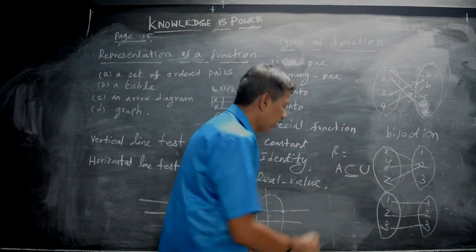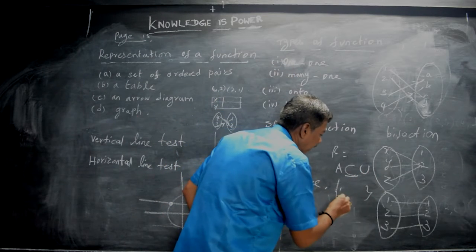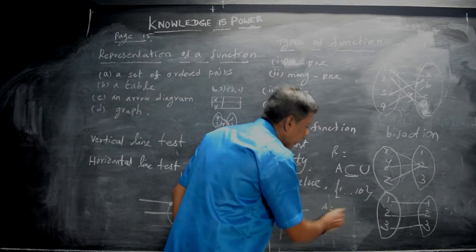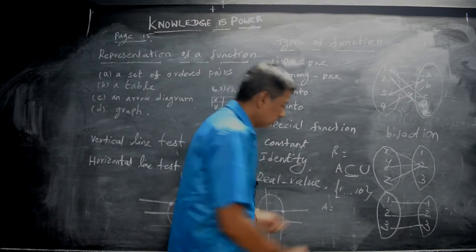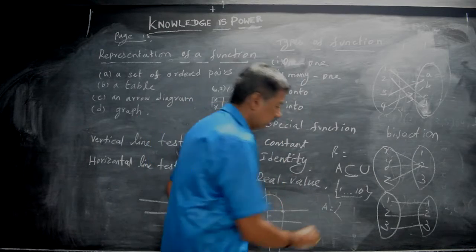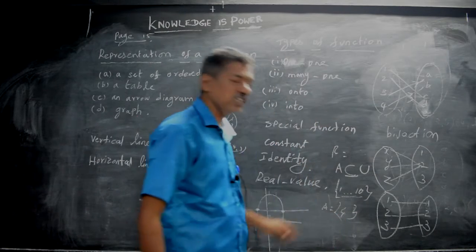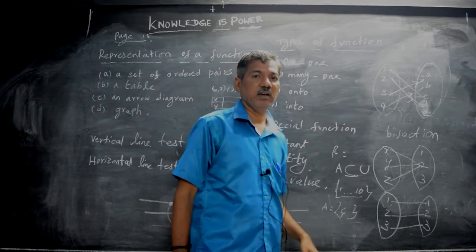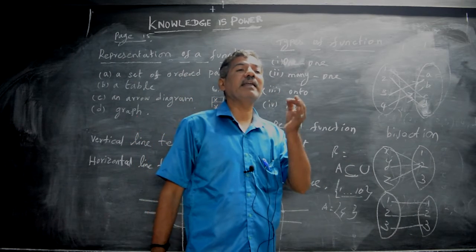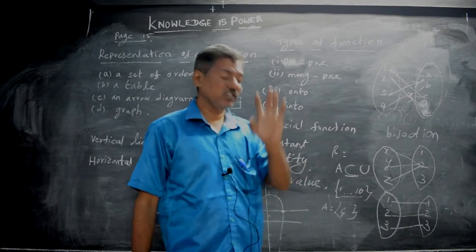In U, what is there? 1 to 10 is there. So what should A definitely be? Some number in between, say 4, or 7 or 8 or 9, then it is called a real value function.